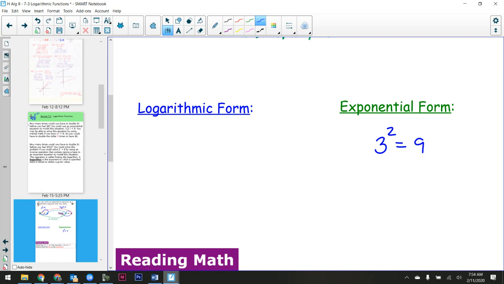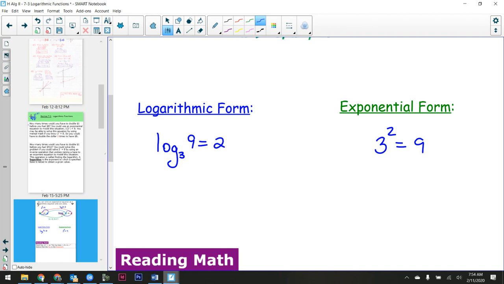Turning that into logarithmic form, that would be log base 3 of 9 is equal to 2. You see that? The base of the log, what gets written below the log, is always equal to the base of the exponent.